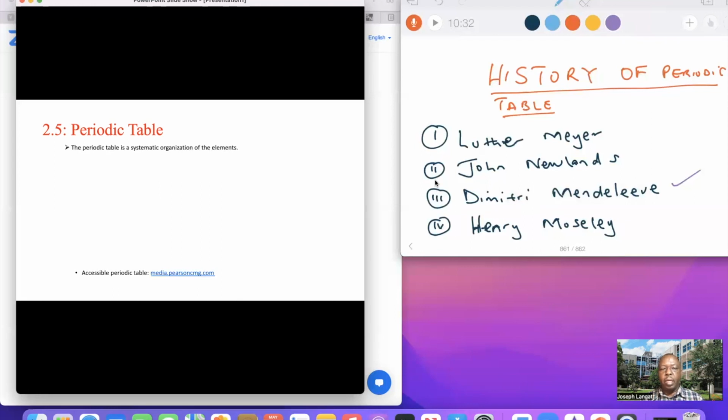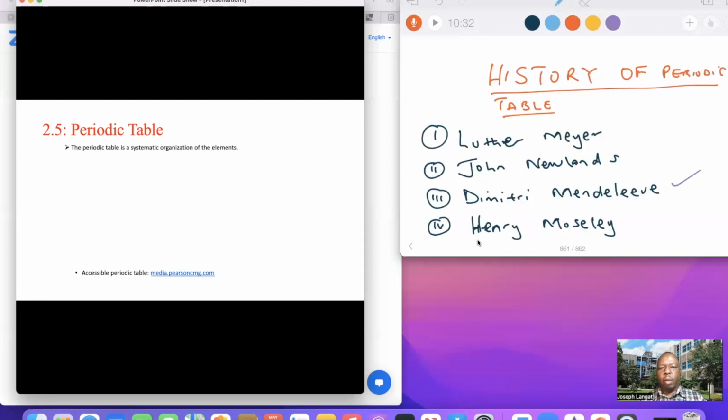In this case, what we already know is that in the nucleus we have the proton. If we use atomic masses on the periodic table, there are some elements which weigh more, but they come before elements with less mass. In other words, a heavier element could be in front of a lighter element. You can look at argon, for example, and potassium.